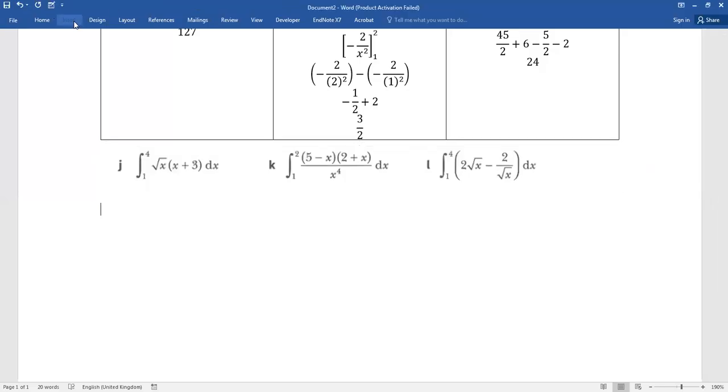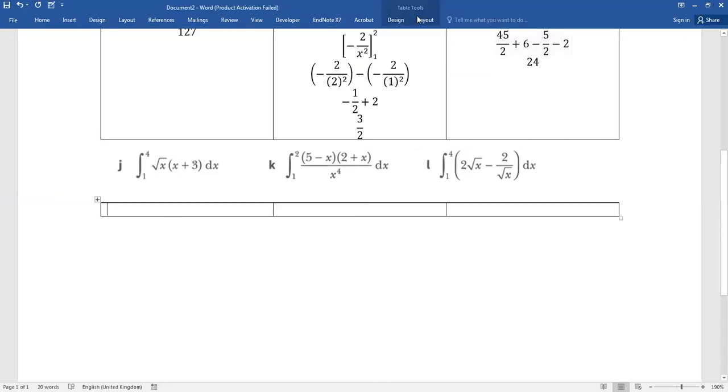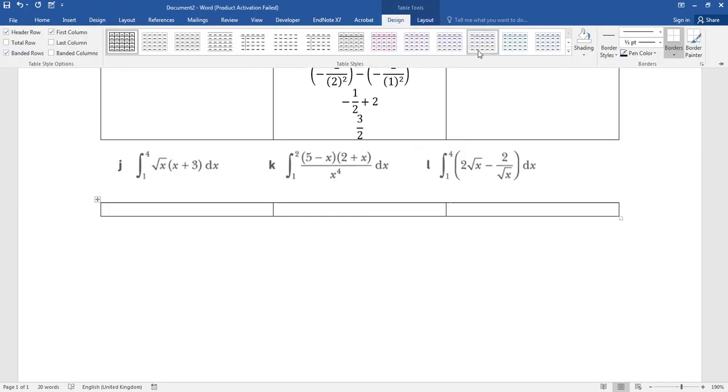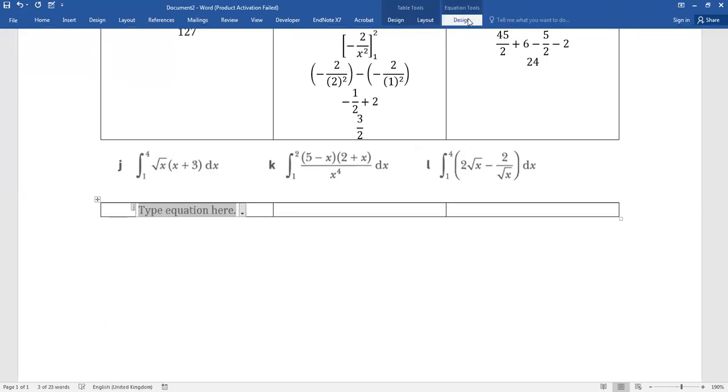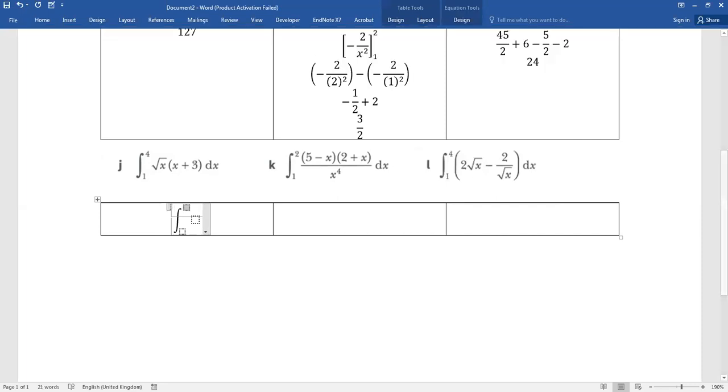So the first thing that we decided to do was, first we said let's keep the limits as they are.